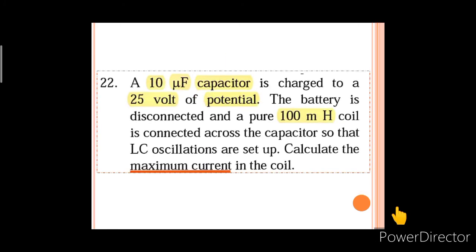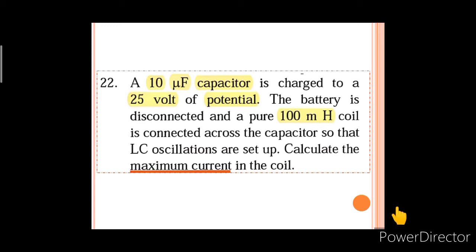The next unsolved example from the textbook, question number 22 is: a 10 microfarad capacitor is charged to a 25 volt of potential. The battery is disconnected and a pure 100 millihenry coil is connected across the capacitor, so that LC oscillations are set up.